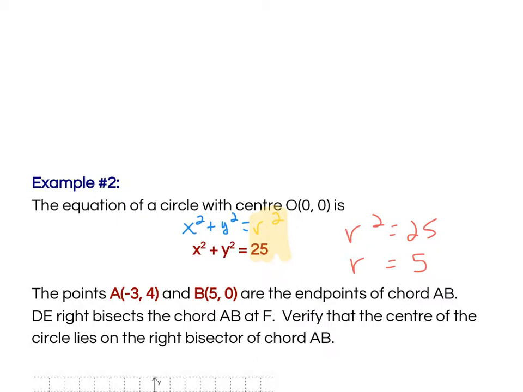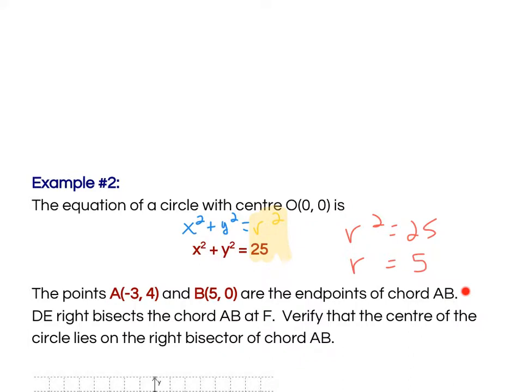So I can use that information to help me plot my circle on a regular Cartesian plane. So moving on. Next it says the points A, (-3, 4), and B, (5, 0) are the endpoints of a chord AB.